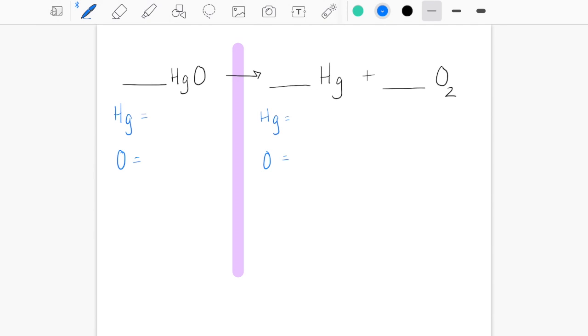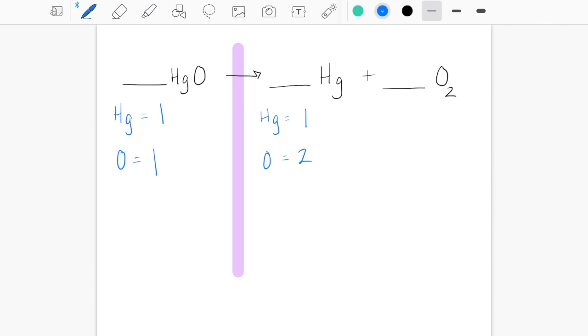For my reactant side, I have no subscript, so I only have one. Same with oxygen, there's no subscript, so it's understood to be 1. On my product side, the Hg does not have a subscript, so it will be 1. And then my oxygen does have a subscript of 2, so there are 2 oxygen.